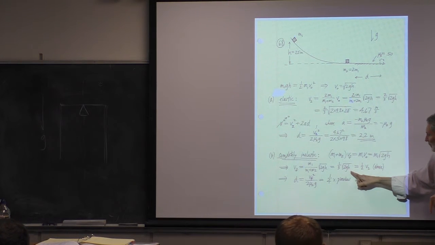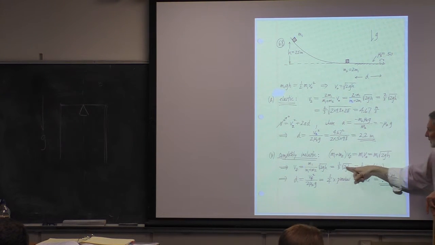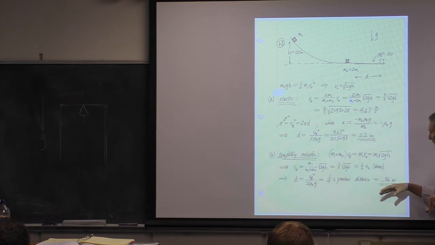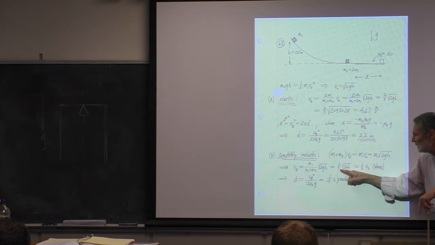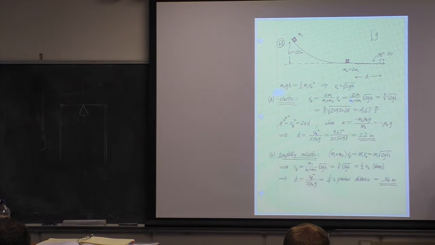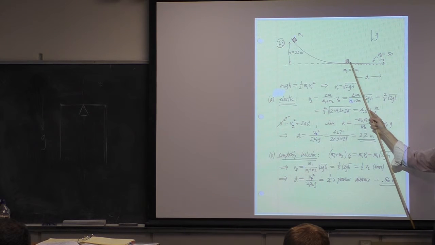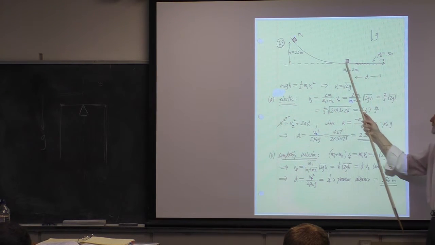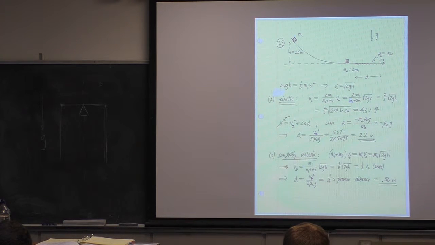And when you compare the expression here, here's why it's nice in this case to do this algebraically, to hold off plugging the numbers in. You can see that for this completely inelastic collision, the combined block is going to have 1/2 the velocity of the elastic collision.